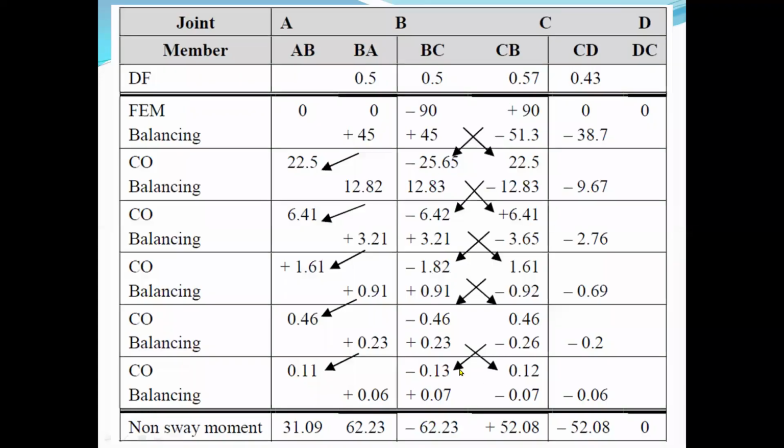Now you can observe here, for member AB, both the moments are positive. So while drawing the free body diagram, we have to draw clockwise moments. Whereas for column CD, the moment MCD is negative. So we have to draw an anti-clockwise moment there.